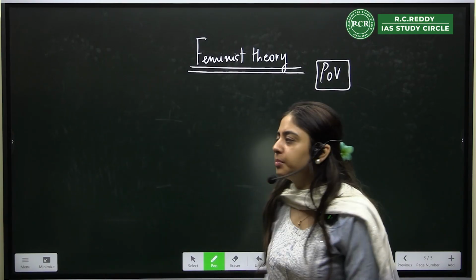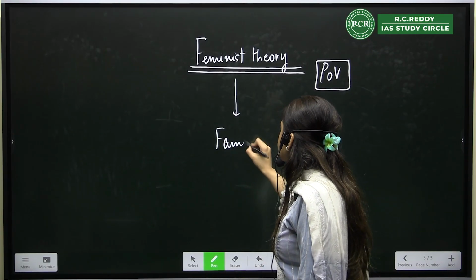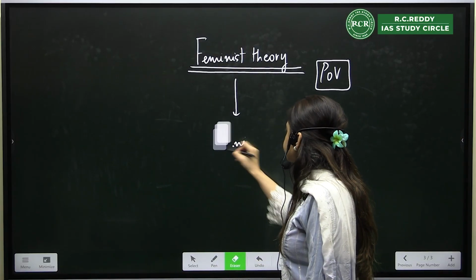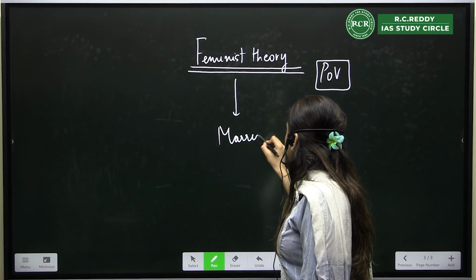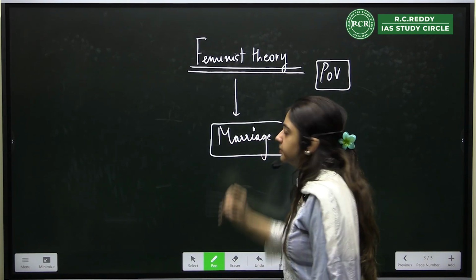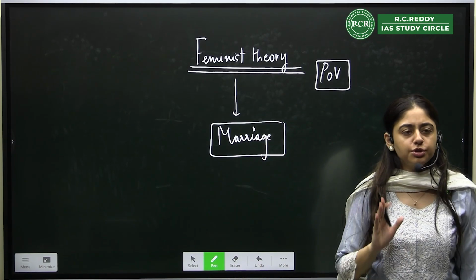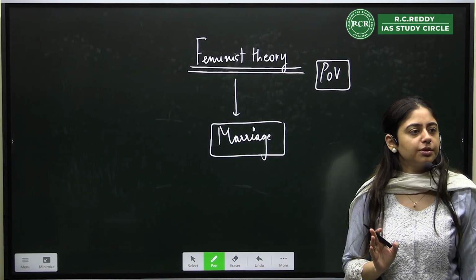Right? Say, for example, a feminist theorist studying marriage. Right? The institution of marriage is there in society, right? It's a part of society, yes or no?